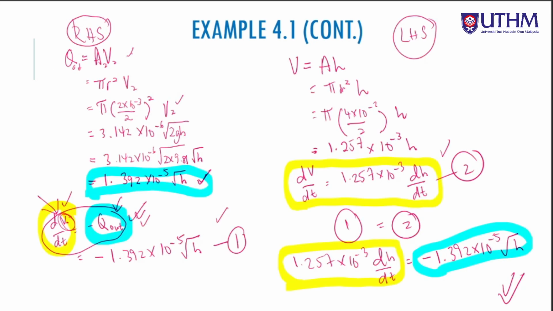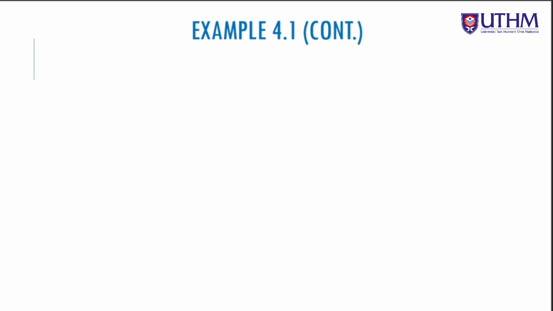Left hand side dengan right hand side tadi adalah, okay, that one 1.257 times 10 to the power of minus 3 dh over dt. Sorry ya, tulisan tak elok sangat, asalkan nampak equals to 1.392 times 10 to the power of minus 5 square root of H. Okay, so apa kita nak cari sebenarnya? Kita nak cari time kan.